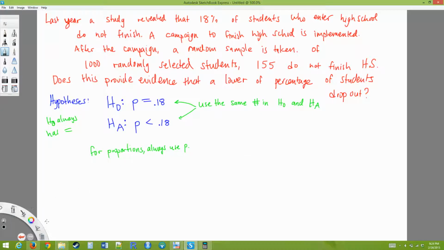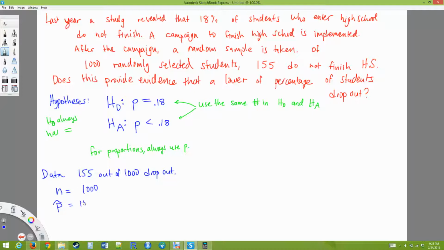Okay, so let's answer this. We want to know, if the null hypothesis is true, what's the probability of us observing our data? What is our data? Our data is 155 out of 1,000 drop out. So we need to establish what n and p hat are. What is n? 1,000.